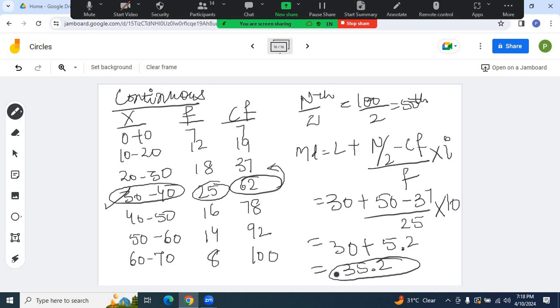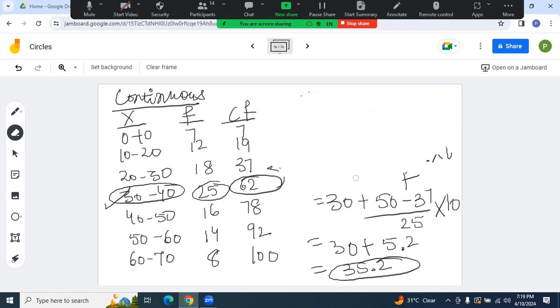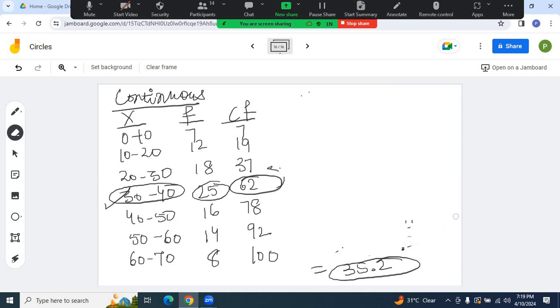Our question is not over. We have found the median. Now I'll erase the extra portion which is not required, because all this task was done to find the median. Once we have found the median, I can erase the previous part. This CF also I can erase, not required.